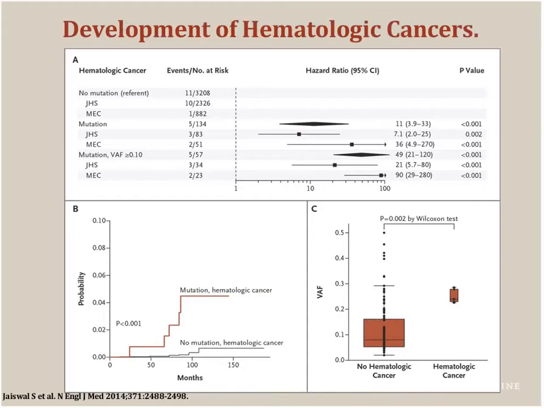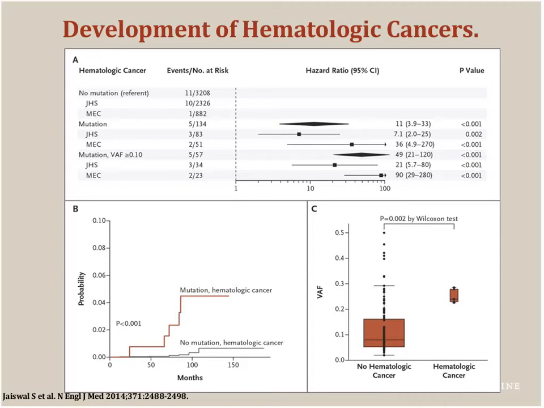And this slide looks at the development of hematologic cancers in association with these somatic variants. It's not just related to DNMT3A, TET2, and ASXL1, but all the somatic variants that were identified.